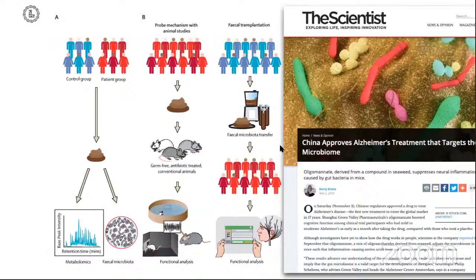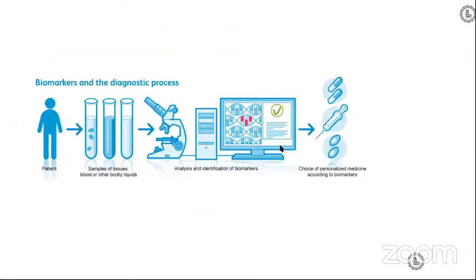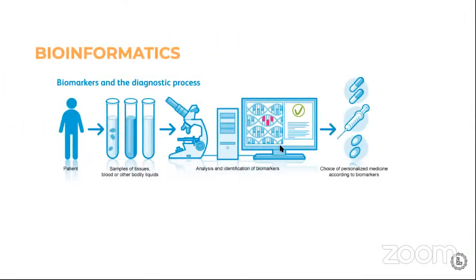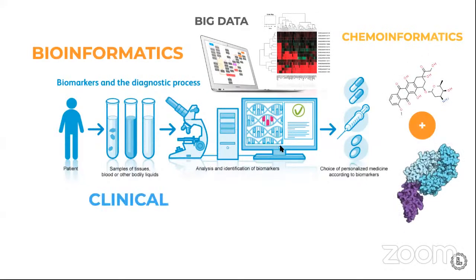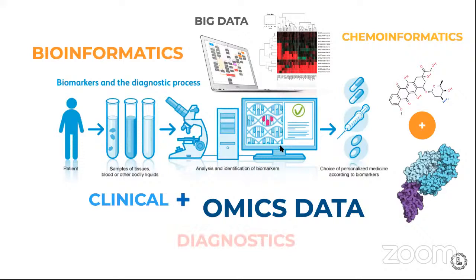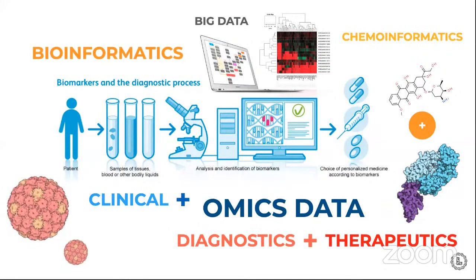And so importantly, we will not only look at processing individual types of data, but we will look at how bioinformatics plays a major role in our ability to organize, analyze, process, and find associations between clinical and omics data, or phenotypic and omics data, to find important translational insights about diagnostics, therapeutics, and even agrobiology.